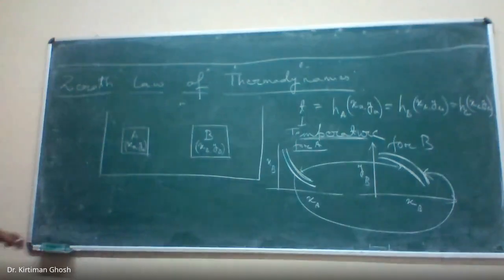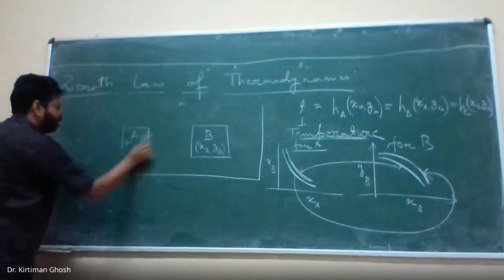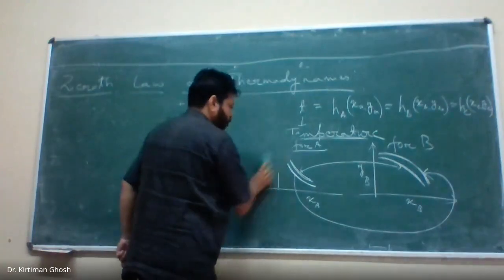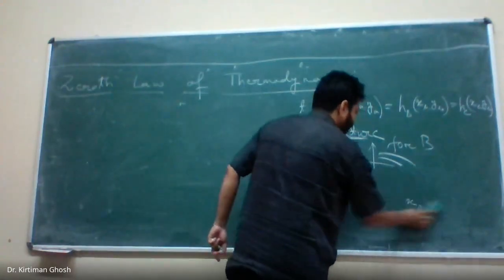And we also discussed how to obtain the universally acceptable scale for this quantity called temperature. That is called the ideal gas scale.